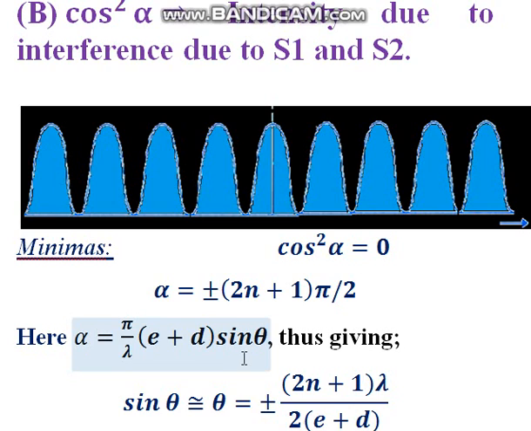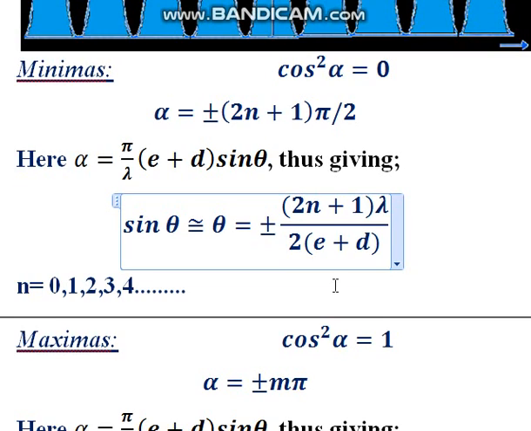Here alpha is a constant, and by putting the value of alpha here, you may write sine theta, which is approximately equal to theta, because theta is very small here. So theta is equal to plus minus this value. Here n is equal to 0, 1, 2, 3, obviously with plus minus signs. So with the help of this equation, you can find the position of all minima.